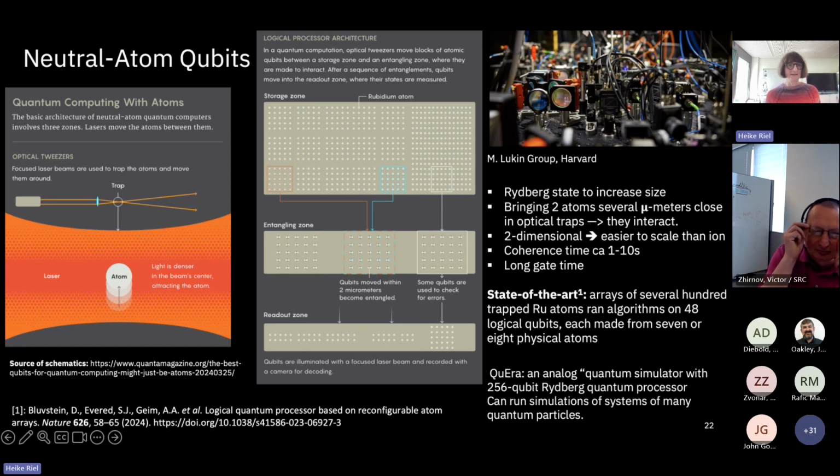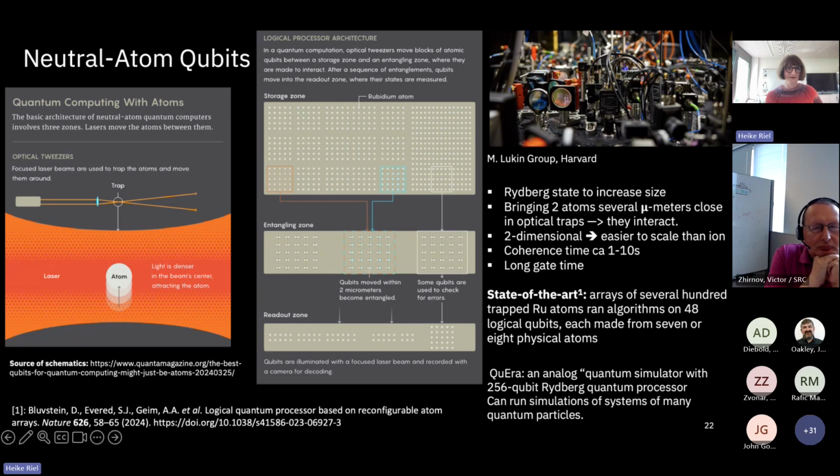And this has in principle some disadvantages, because you cannot as easily trap it in an electric field. So what you do is you use a laser to create an optical tweezer where you can trap your atom. And the other problem is that you have to make them also interact with each other.